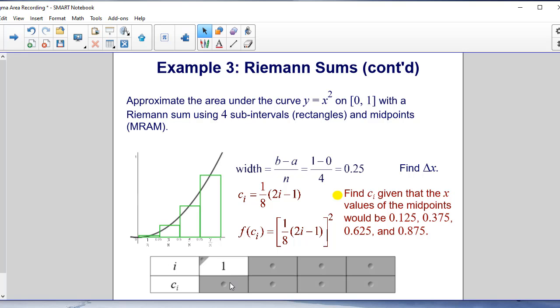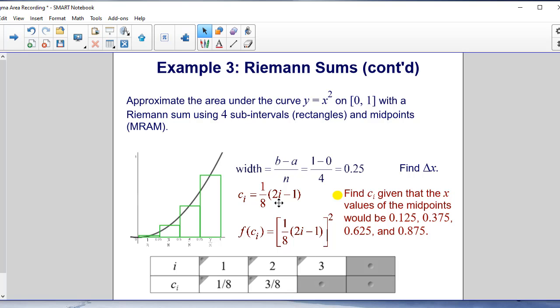So when i is equal to 1, 2 times 1 is 2, minus 1 is 1. Multiplied by 1/8 gives us the fraction 1/8. When i is equal to 2, for the second subinterval, 2 times 2 is 4, minus 1 is 3. Multiply that by 1/8, we get our second midpoint, 3/8.